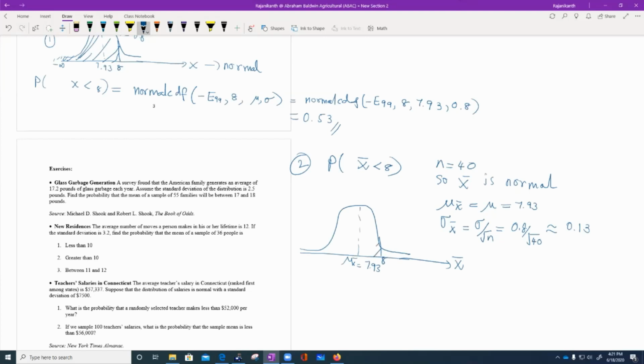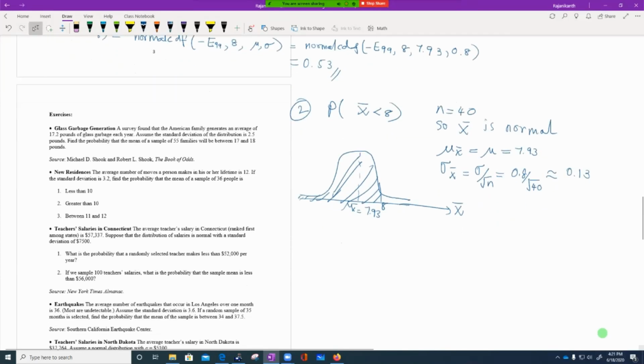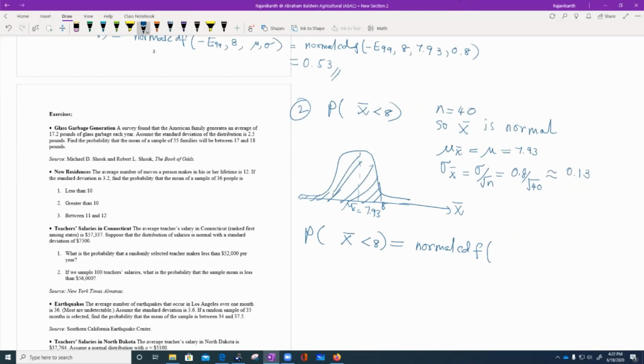Again, you need to find the left side area. Therefore, the probability of x bar less than 8, again I'm going to use the normal CDF function in the calculator, and the bounds again are negative E99 and the right side bound is 8.